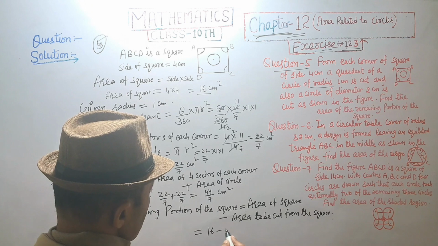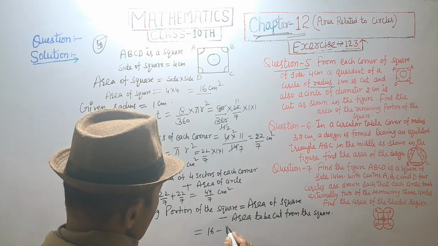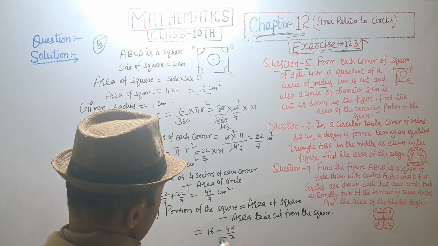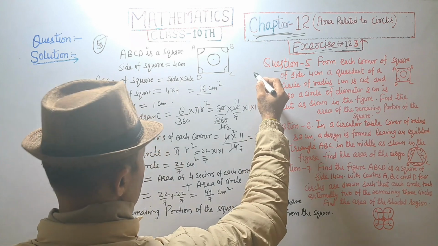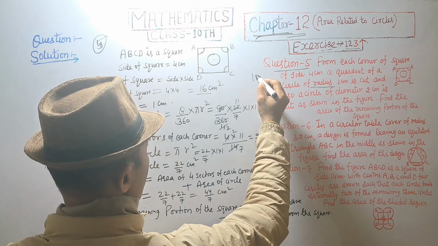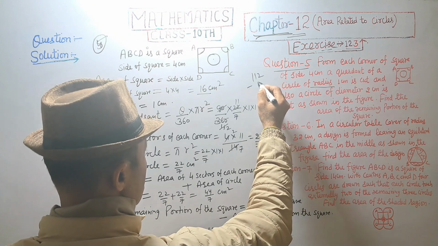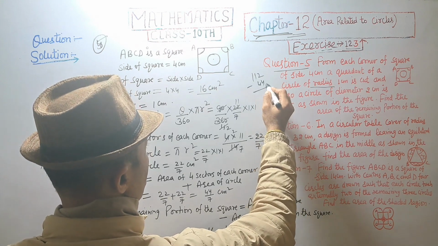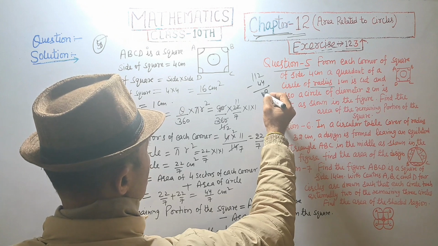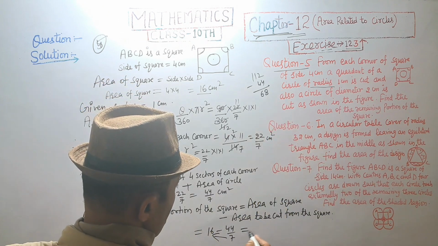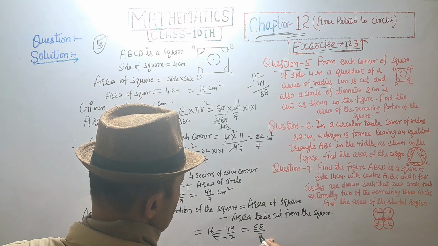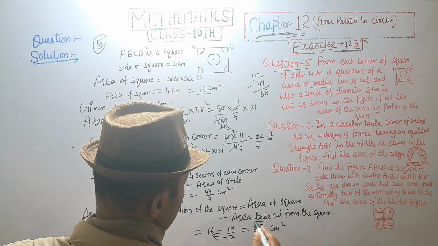That is equal to 16 minus 44 upon 7. 16 sevens are 112 minus 44. That is equal to 68 upon 7 centimeter square.